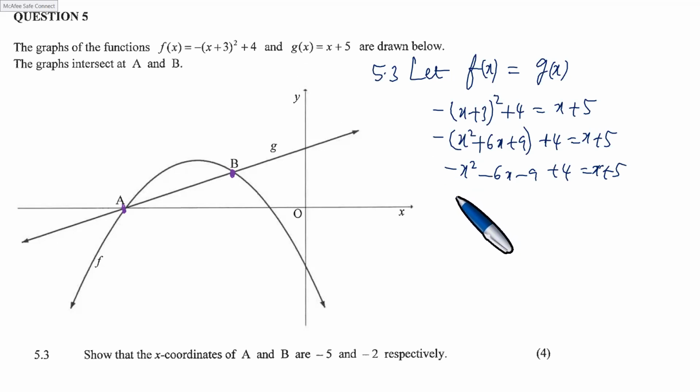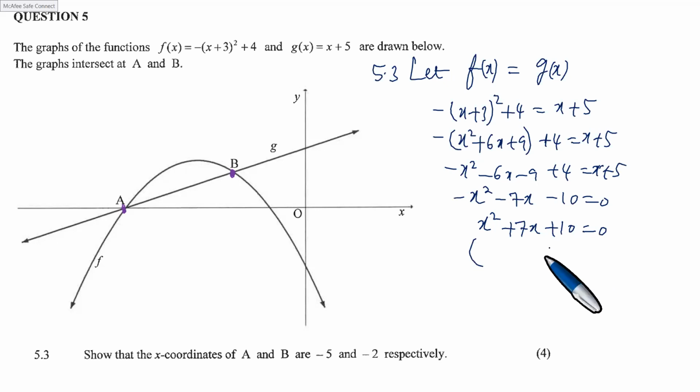This is therefore x squared plus 7x, because you have 6x, and then if you bring the x across, it becomes positive. And then we have 9 plus 4, which is 13, and then you bring down the other 5, which is 18... so x squared plus 7x plus 10 equals what? 0. In which case, you have these.